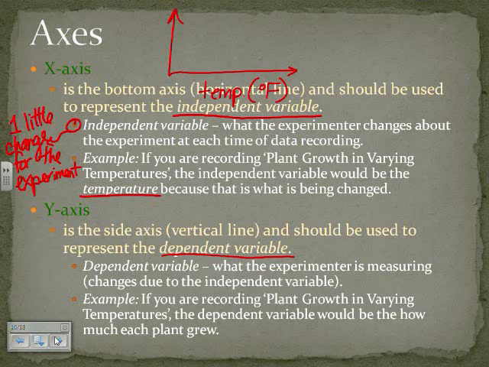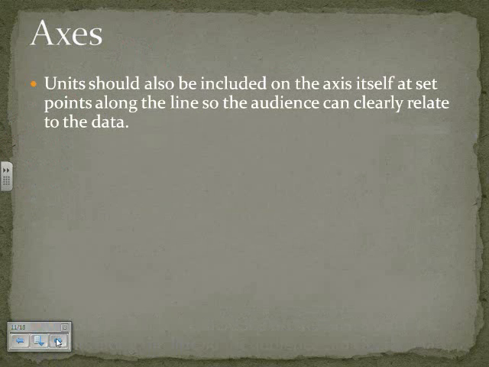While on the y-axis, we're going to talk about the dependent variable, what should change because of the temperature. And that should be the plant growth. The plant growth is what we're expecting to be different because we changed the temperature. And let's say we're measuring plant growth in inches.